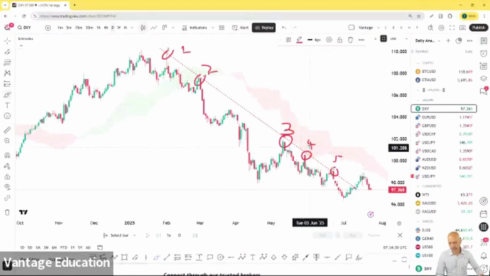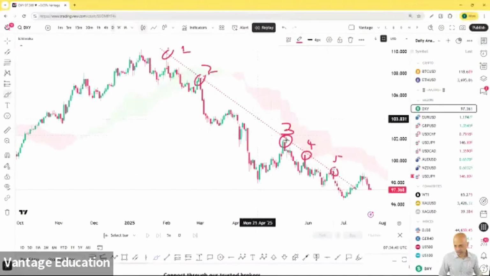So you see 5 clear touches, right? And this highlights a significant descending trend line, and we saw a bullish breakout materialize on 11th of July, right?